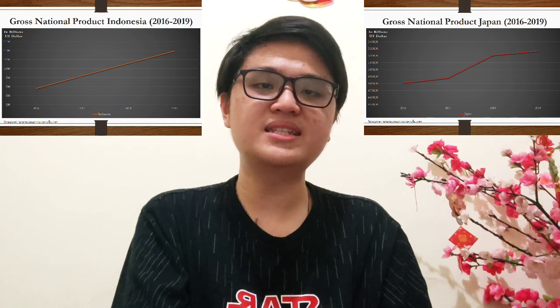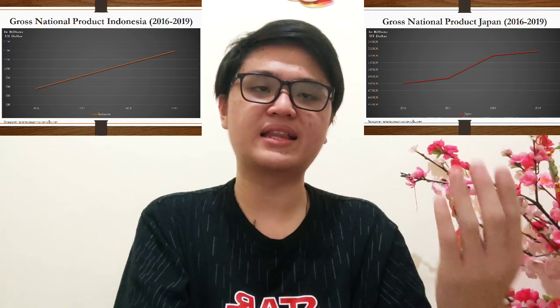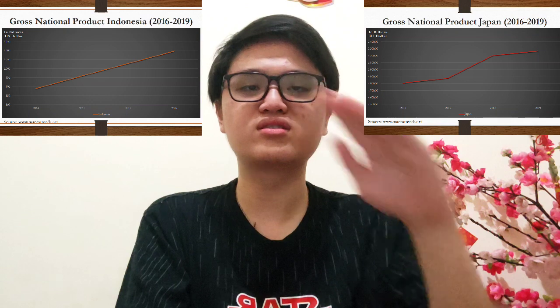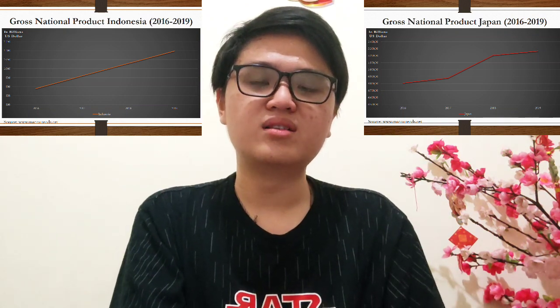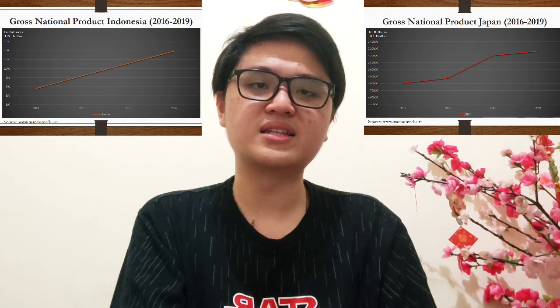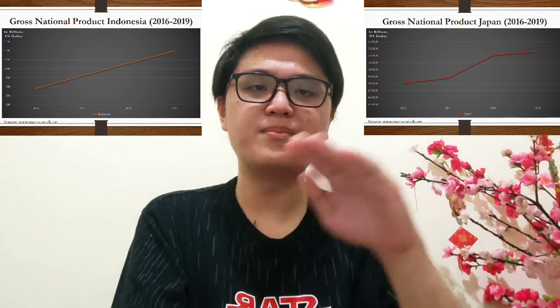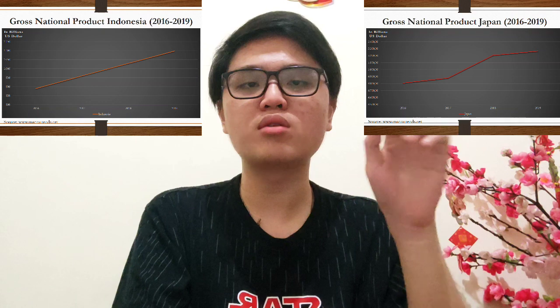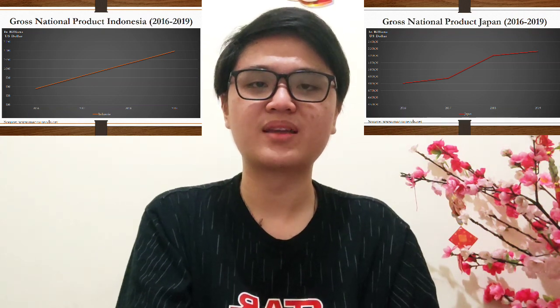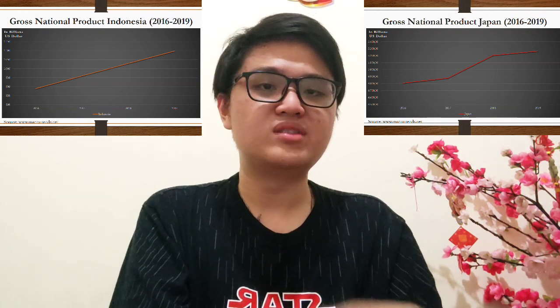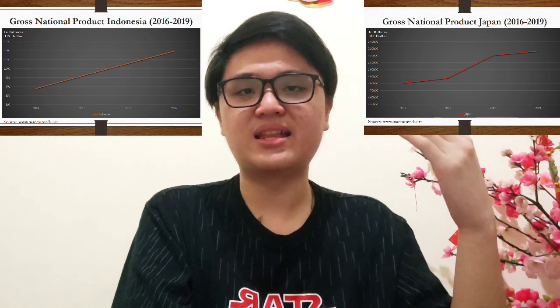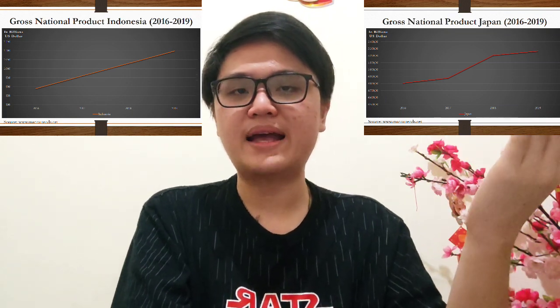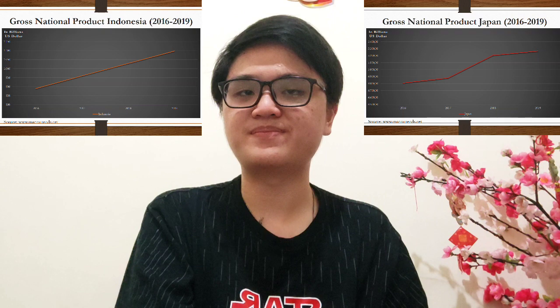And when we see Japan, in the red line graph, the red line increased a bit higher than in the other years, in 2018. So there's a difference between the line graph of Japan and Indonesia. So let's go to the next slide.